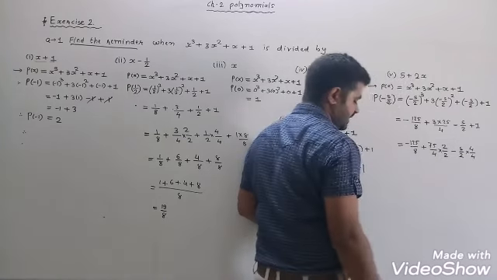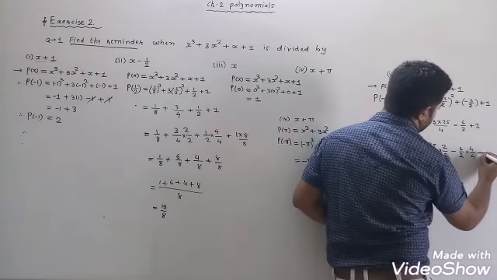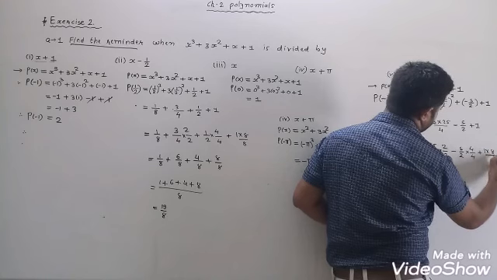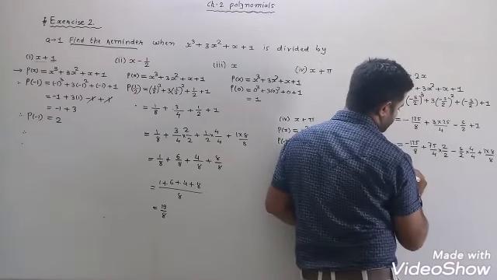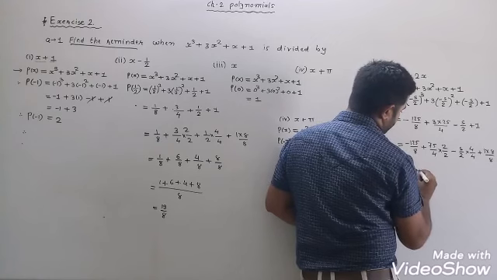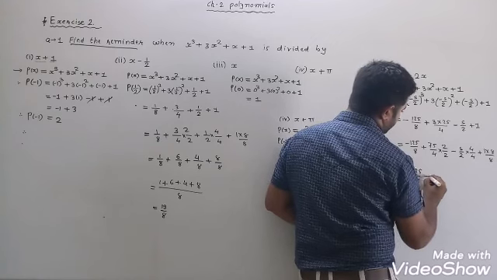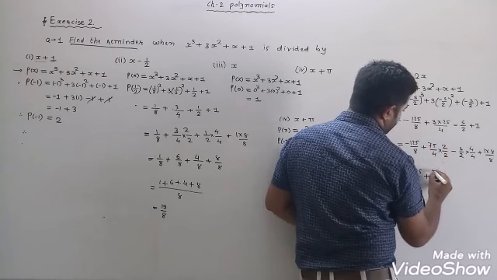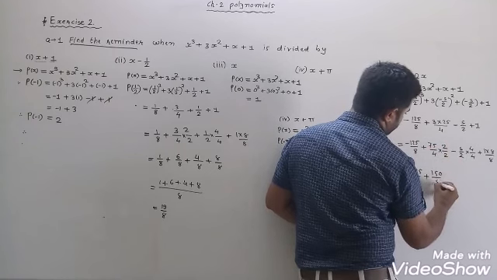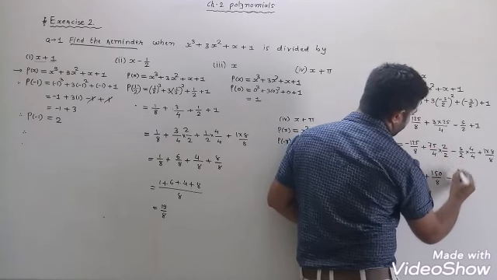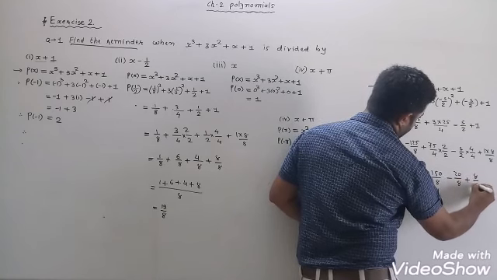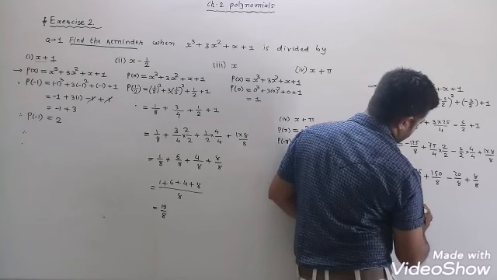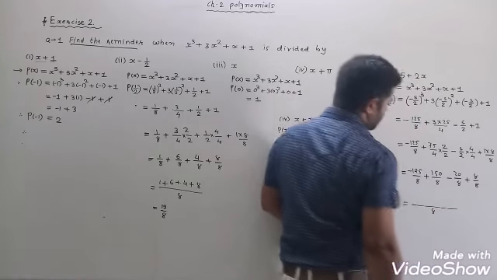So I have to divide and multiply by 4. And here is only 1, so I have to multiply and divide by 8. Now look, the denominator is the same. Minus 125 by 8 plus 150 by 8 minus 20 by 8 and plus 8 by 8.